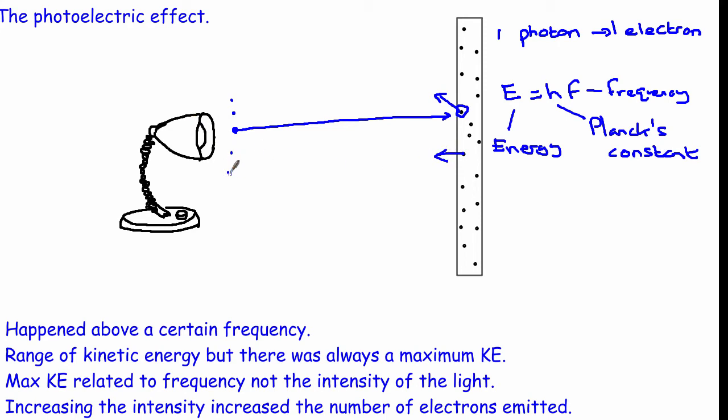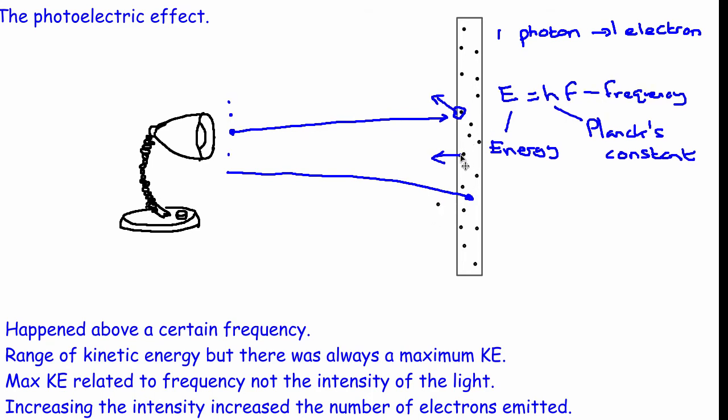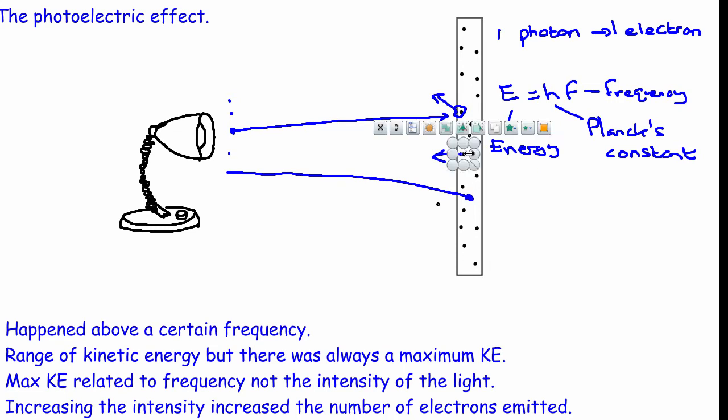If we take this photon and this interacts with an electron that's in the surface, then what this has to do is give the electron enough energy to move through the metal, which is going to take some energy, and then it also needs to break the bonds, and then it will also have some kinetic energy. So this thing will have less kinetic energy than, for example, this electron here, because this hasn't had to use some of the energy to get away from deep inside the metal.